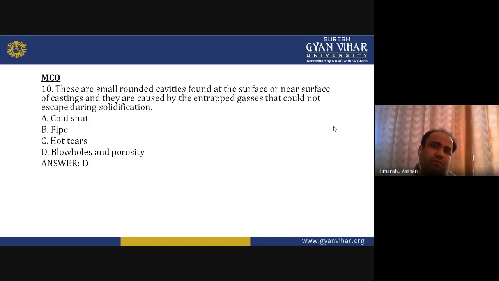Remember, I told you during casting if some kind of reaction takes place, gases are evolved. If gases escape easily, then no issue. But during casting, while pouring the metal, if gases are not able to escape, then they lead to these kinds of defects, blowholes and porosity.